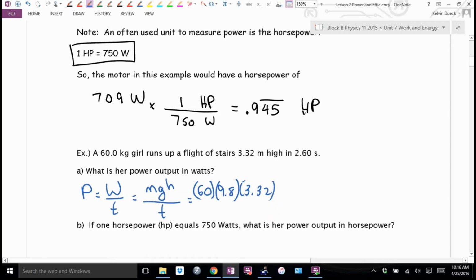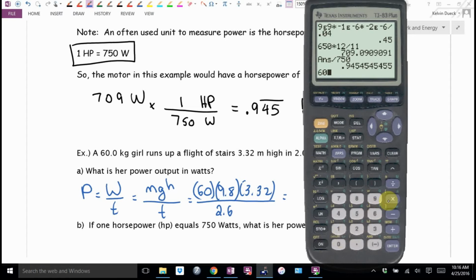You know what? That's about 1 story. It's almost bang on 1 story. 2.6 seconds. How many watts? 751?